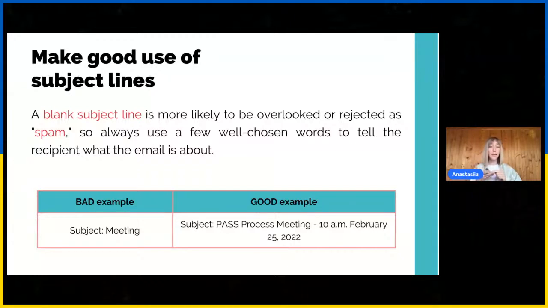So topic, time, place, and that's it. So that your receiver, when they read or at least receive your email, can already understand, okay, whether I should read it right now or I can read it later, or what this email is connected with. So just save your time and save the receiver's time by adding a clear subject line.